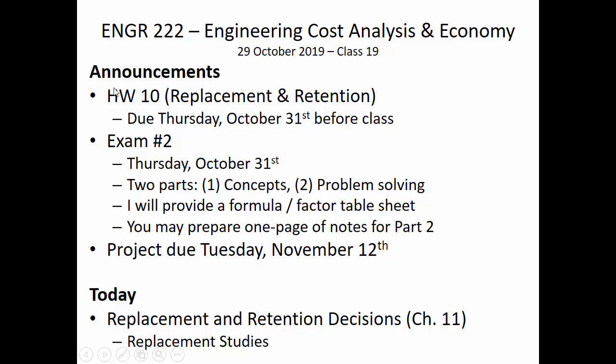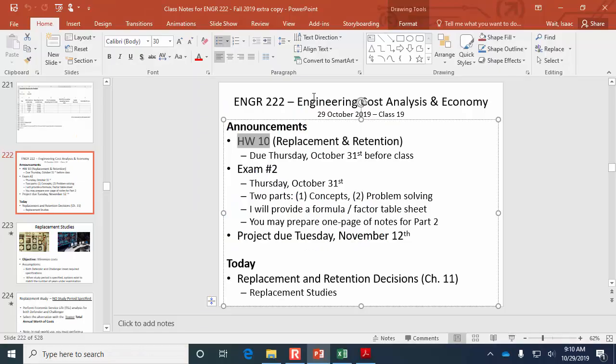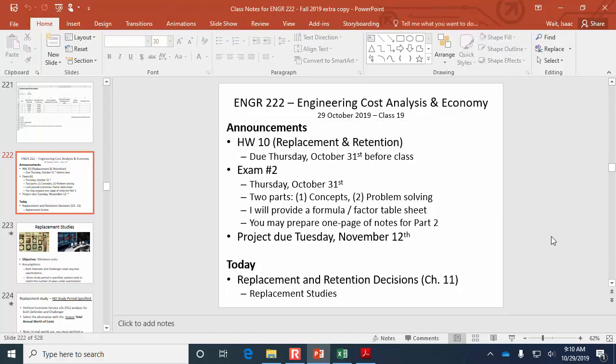So this homework number 10 is just a single replacement retention type problem. So you'll need to submit that prior to the exam. Make up your page of notes to bring with you for the test on Thursday. So if you have any questions as you're preparing, as you're studying, anything you want to go over, feel free to stop by during my office hours. I'd be glad to help you out with that. So I'll see you for the test on Thursday.